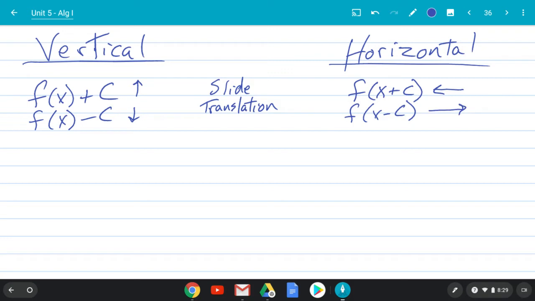Okay, the second type of transformation we learned about was a dilation. On a dilation, there was vertical if it was outside, c times some function.